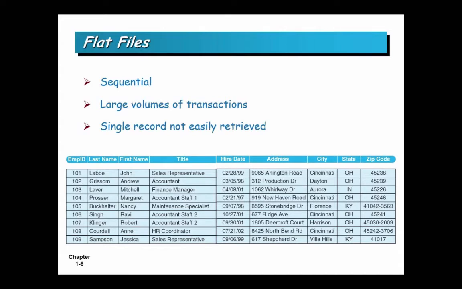If I wanted to get the 314th employee, I'd have to go through every single one of these sequentially to get to number 314. Not very efficient. So that's how flat files would work. You can sort them and work with them in a different sort fashion, but still, it's not very efficient. So that's how computers started.